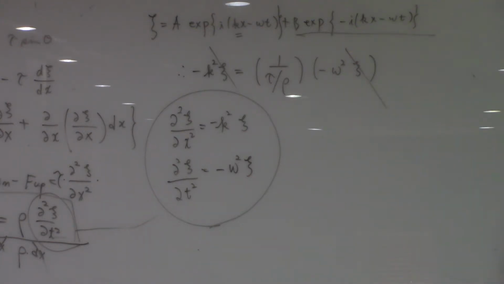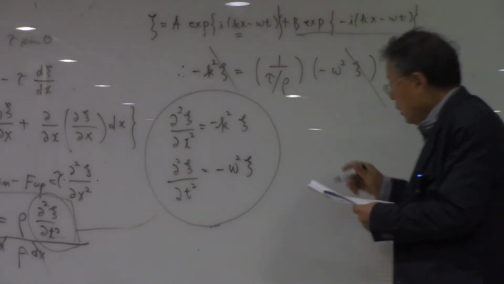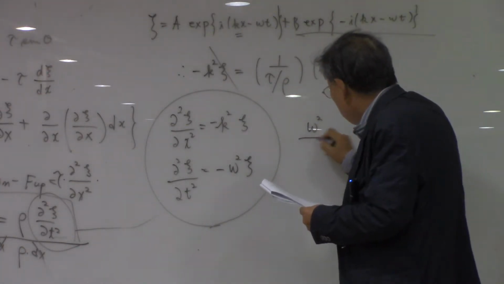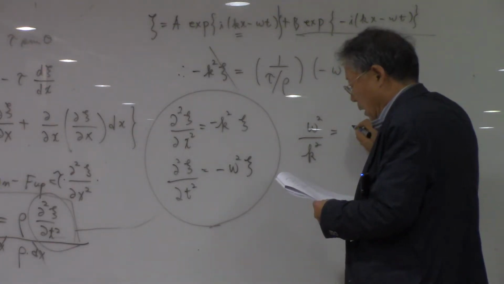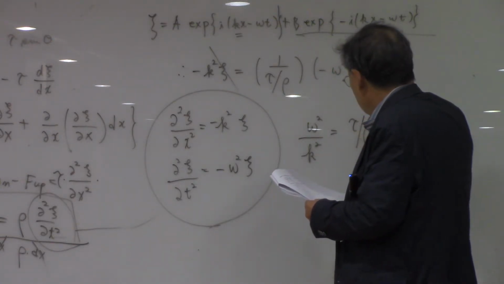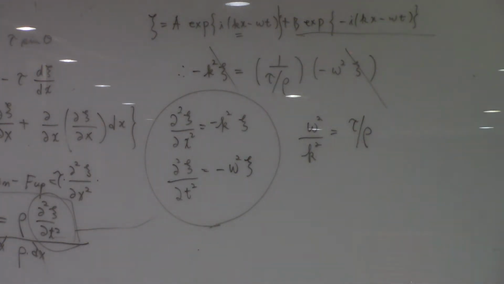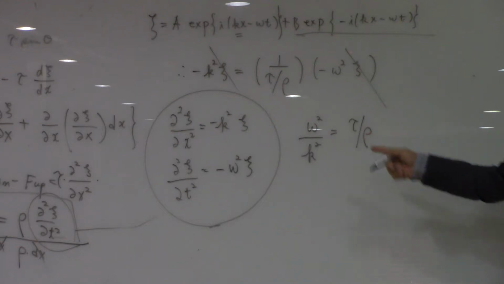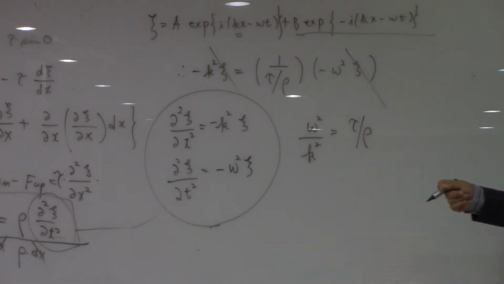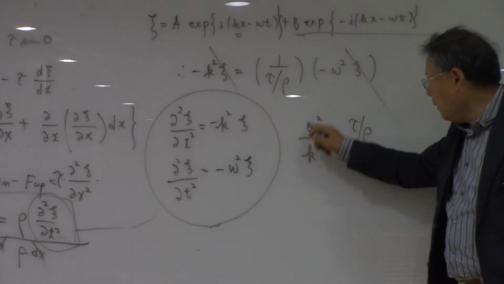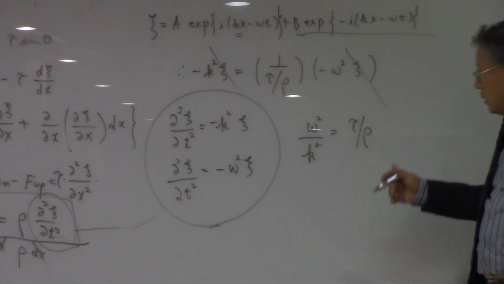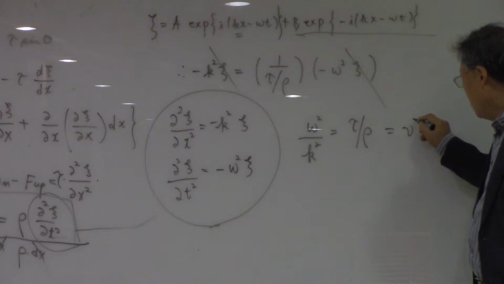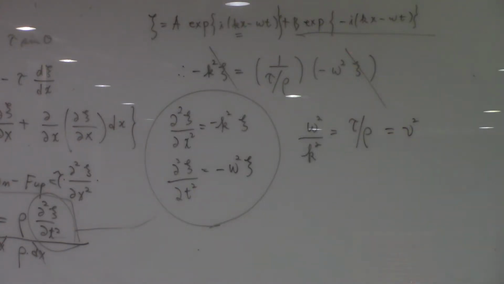And then you end up with omega squared over k squared being tau over rho. Tau is the tension that we apply externally, and we know that value. And rho is the density of the string. Okay? And then omega versus k is related to the velocity of the system.